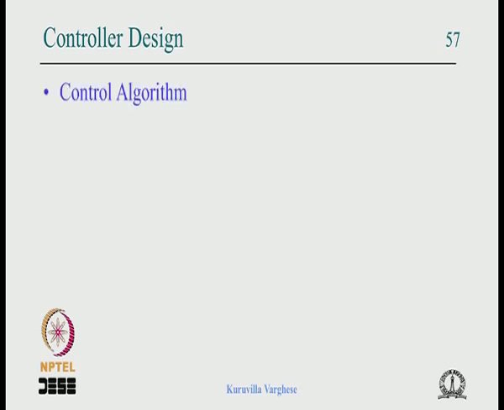And many a time when you design a controller, you have some description. Like if you have a CPU, what you have is a data path and you have some instructions, and you know what the instruction does. You may write in text what the instruction does, and now you have to convert that instruction into steps in the data path, how the data path operates in terms of steps.